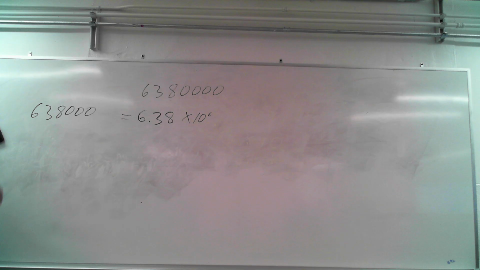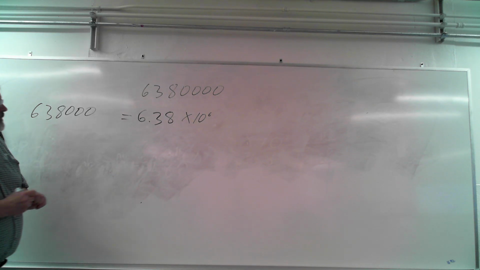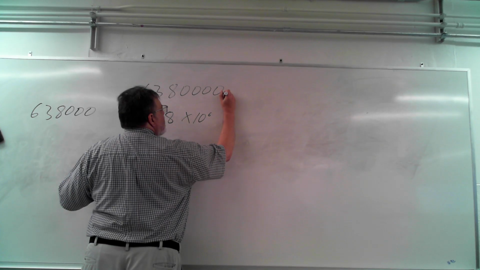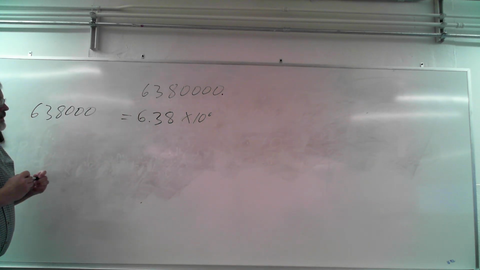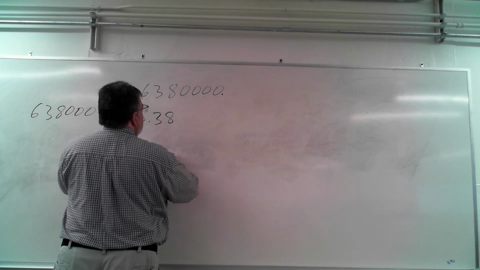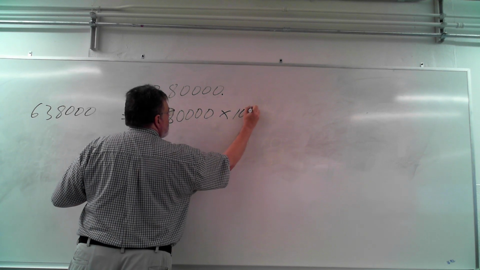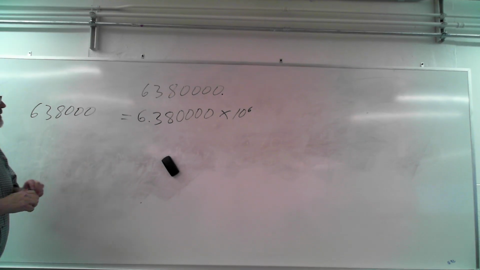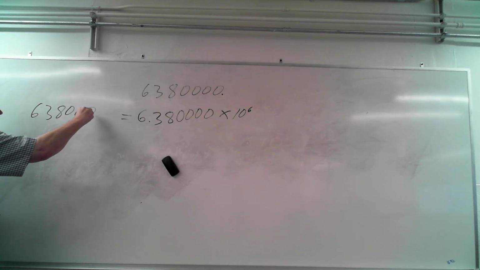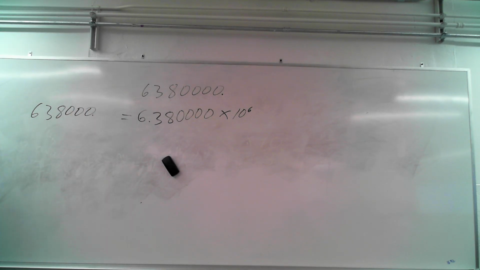There shouldn't be any extraneous zeros anywhere. If it was this, now those are significant. Does that make sense?